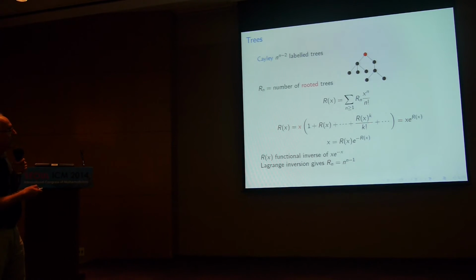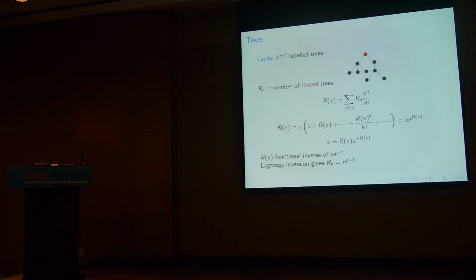A tree is a root, and a root has only one vertex, so it is encoded by x, times an unordered collection of trees, because the order of the children of a given node does not matter. So either there is no child, one child, or k children, and in this case you have to divide by k factorial because of the ordering. And of course this is the exponential.